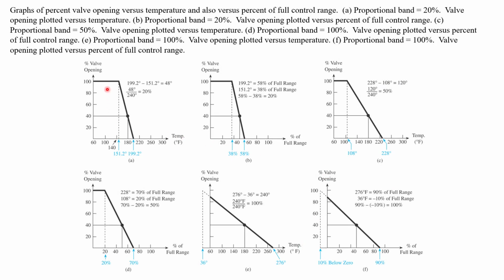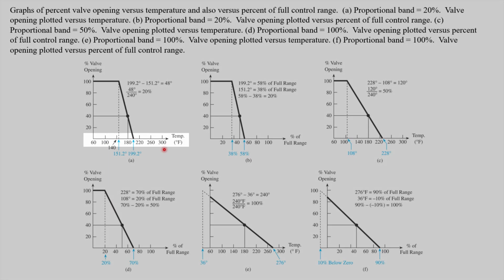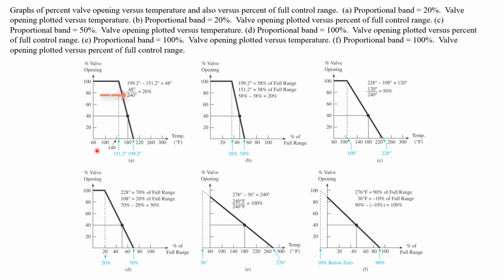We can adjust that percent of proportional control, the proportional band, and we look at where we want the valve to be all the way open and where we want the valve to be all the way closed. And that degree range compared to the entire range of control. So this particular controller will work between 60 degrees and 300 degrees. So that's a range of 240 degrees.